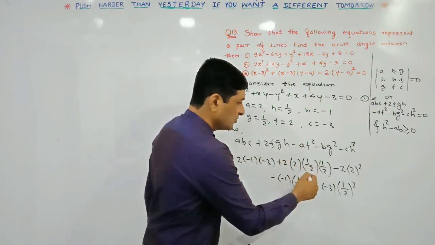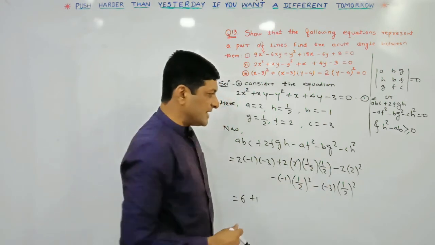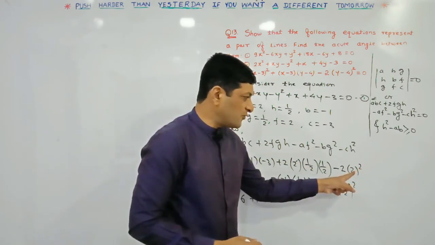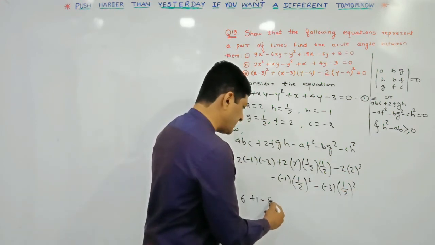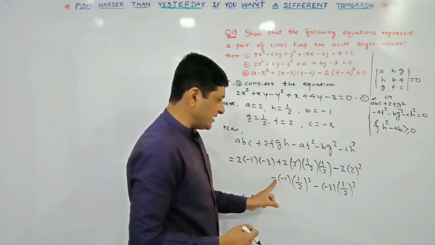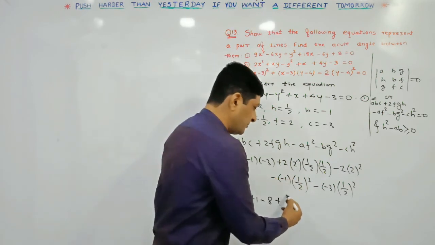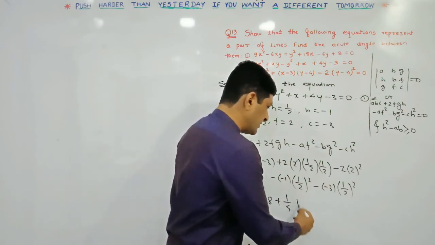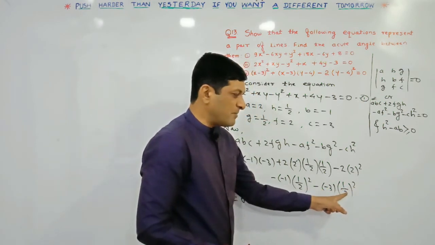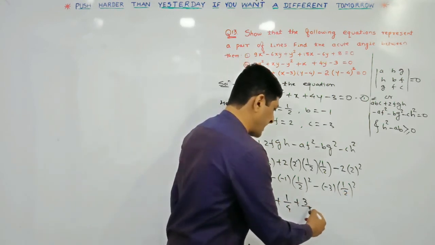Here 2 will get cancelled, we are getting plus 1 here. Then here square of 2 is 4, 4 into minus 2 will be equal to minus 8. Here minus into minus will become plus 1 and 1 into 1 by 4 will be equal to 1 by 4. Lastly here also minus into minus will become plus, square of 1 by 2 will be 1 by 4, 1 by 4 into 3 will be equal to 3 by 4.